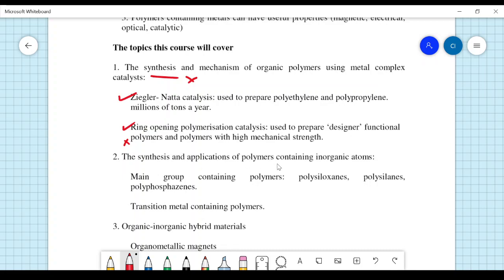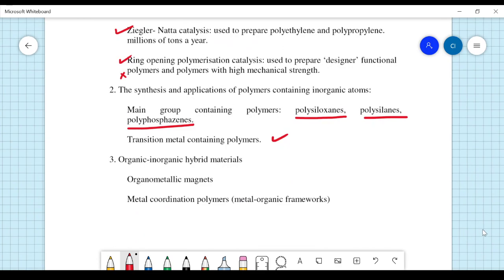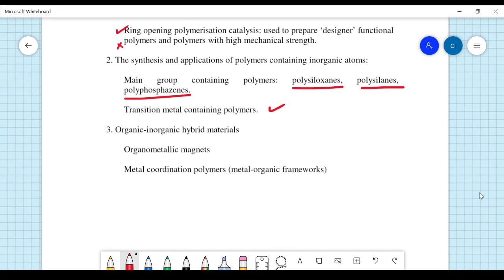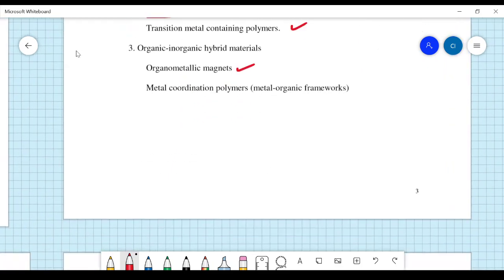So the main thing we are going to see is polysiloxanes, polysilanes, and polyphosphazenes, and some transition metal containing complexes. Just a brief look into what the synthesis is. And if possible, I will look into the organometallic magnets also, and then metal coordination polymers also.